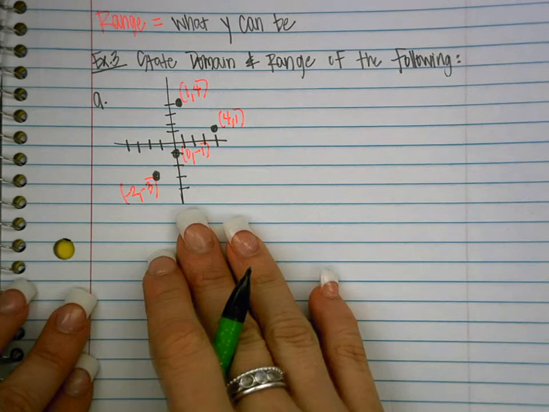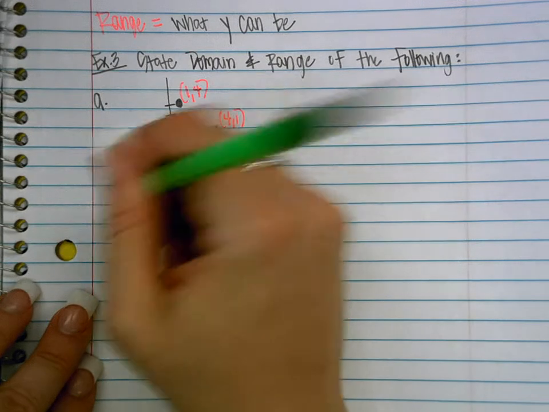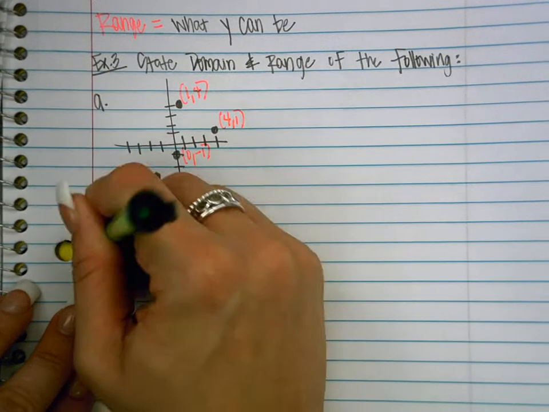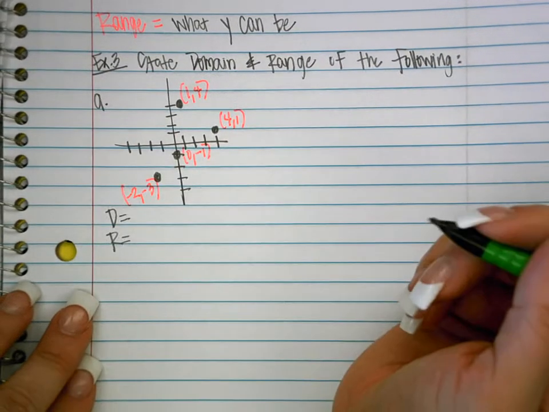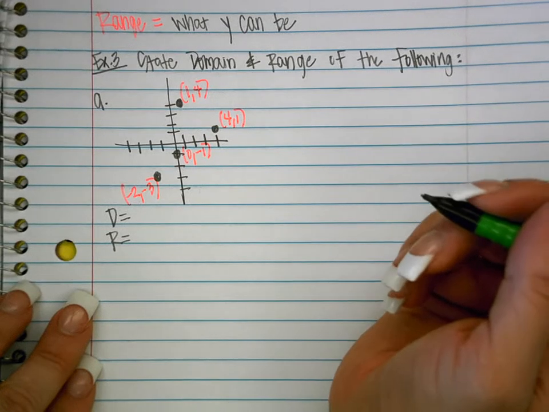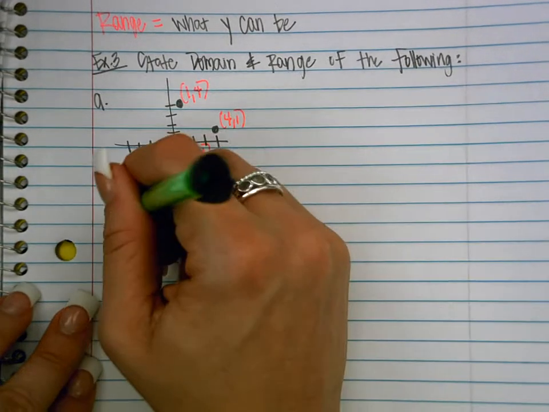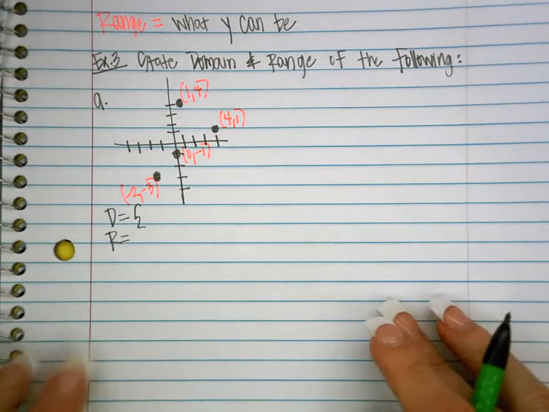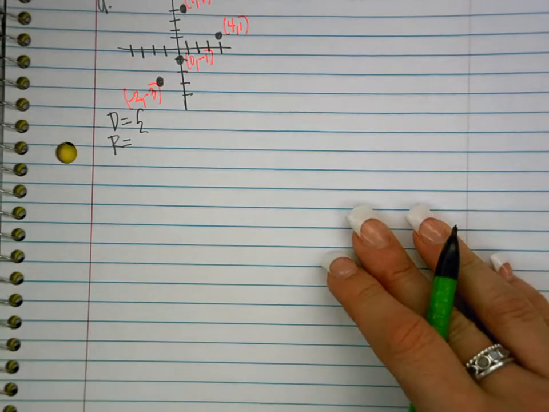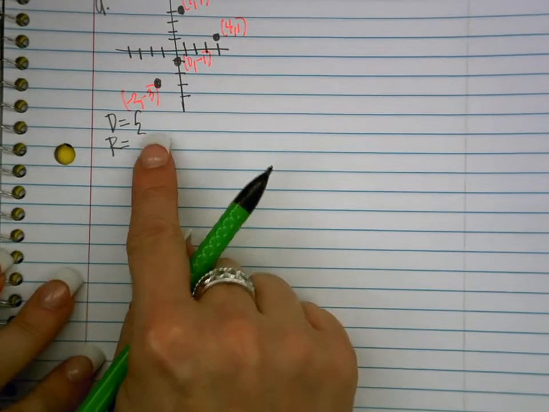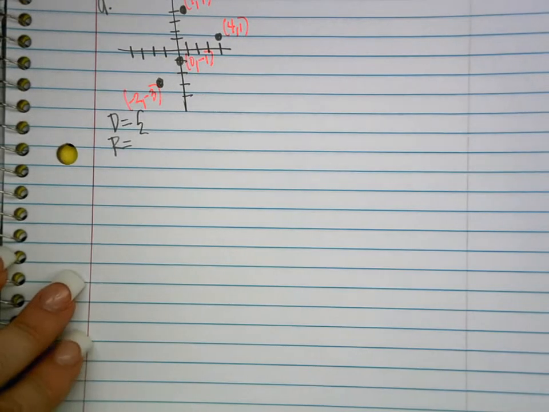Then the domain is what? We said the domain is which variable? The x. The range is the y's. So all you have to do for domain and range is draw those weird brackets, and you just label all the x values. It doesn't have to be in any certain order.